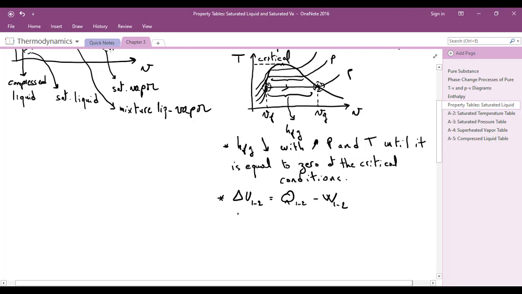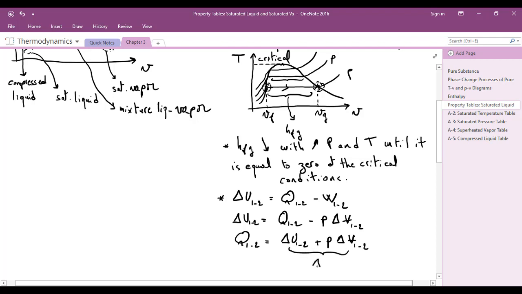And the work here is equal to P delta V, since the work is the integral of PdV and P is constant. So as we said before, Q from 1 to 2 will be equal to delta U from 1 to 2 plus P delta V from 1 to 2. So delta U plus P delta V is simply delta H from 1 to 2.